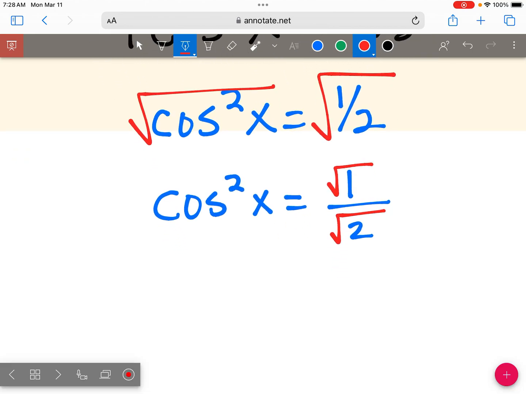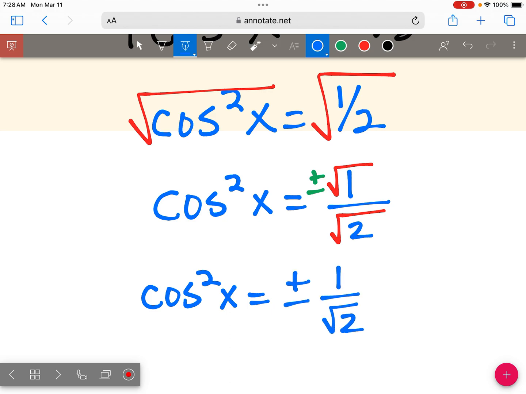So the square root of, I'm going to put my plus minus right here. So that gives you the cosine squared x of positive and -1 over root 2, which we cannot leave a root in our denominator.